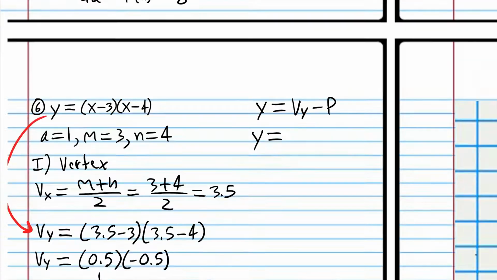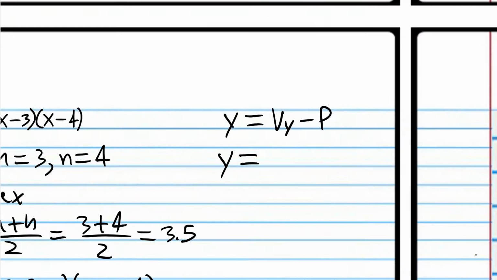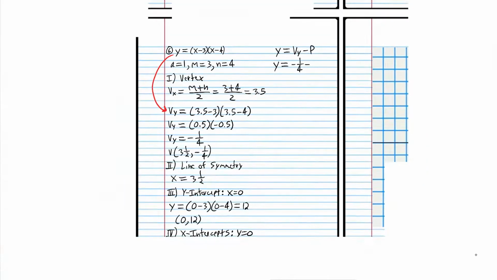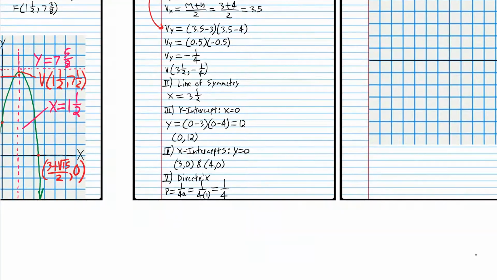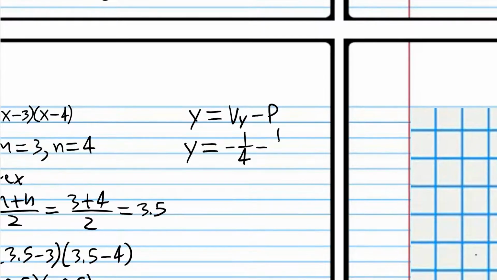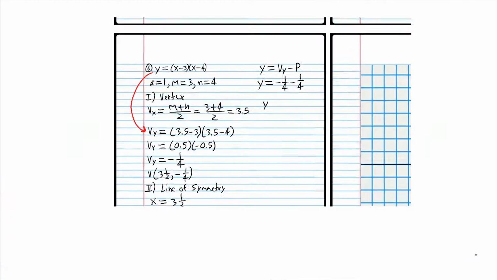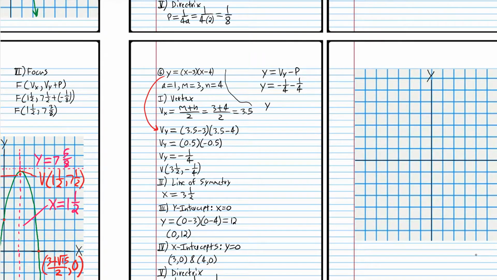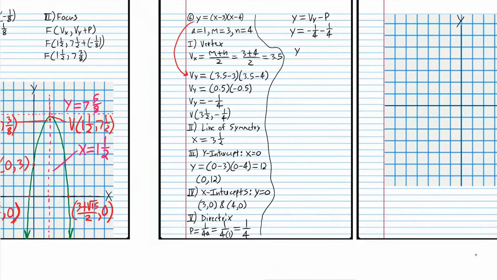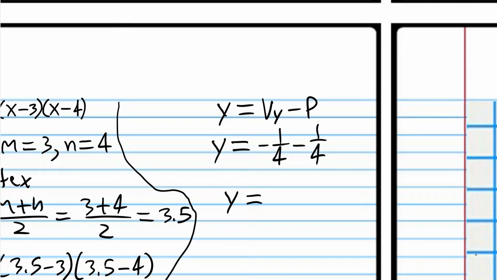Y value of the vertex is negative 1/4. And then we're going to subtract p, which we just found is 1/4. If we do that, we get negative 2/4, which is the same thing as negative 1/2.